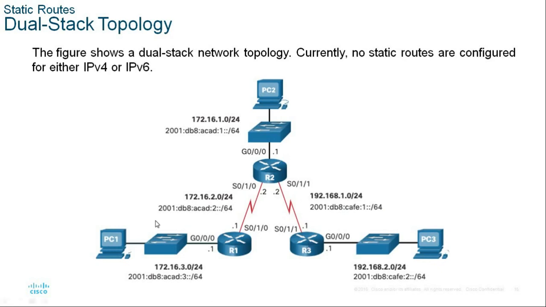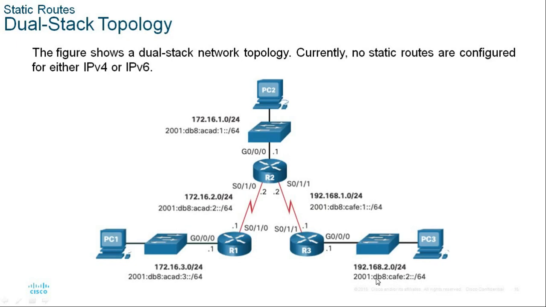If you summarize this, see here: 172.16.1 network, 172.16.2 network, 172.16.3 network. Similarly for IPv6, 2001:DB8:ACAD: one network, two network, three network. Now between R2 and R3, 192.168.1 network and 192.168.2 network.